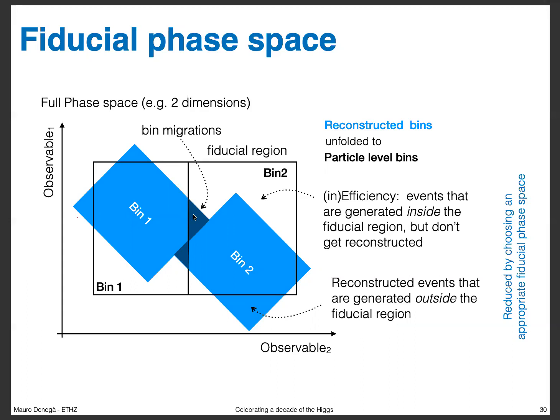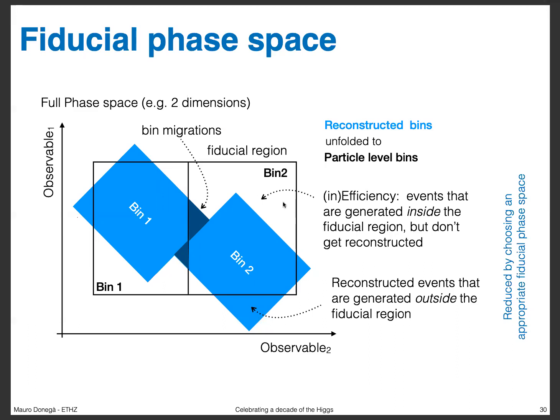In this sketch, the light blue are the bins at the reconstruction level, the reco bins. In dark blue, you have the bin migrations. And then outside here, you have the fiducial region in which you would like to do the measurements, the fiducial region that you try to put as close as possible to the reconstructed fiducial region.